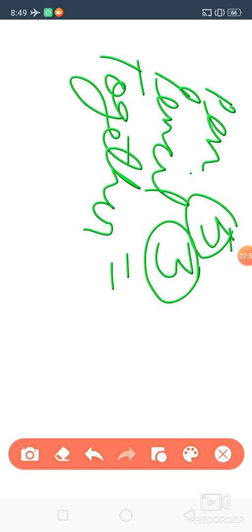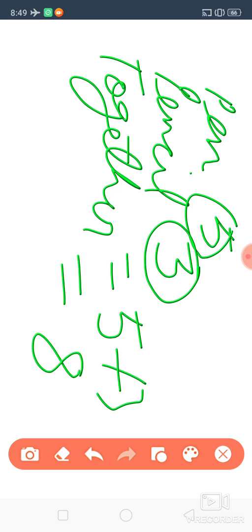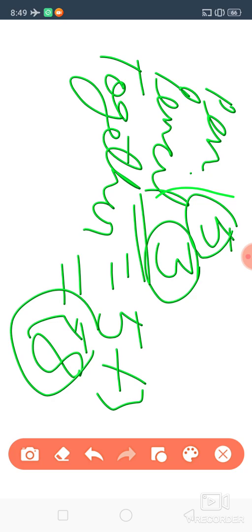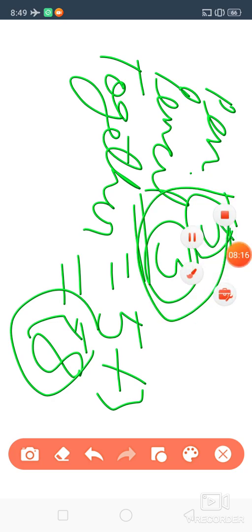So total, 5 plus 3, you are spending 8 rupees, isn't it? So what we are doing? We are adding both the costs. So same way we have to do in the previous question.